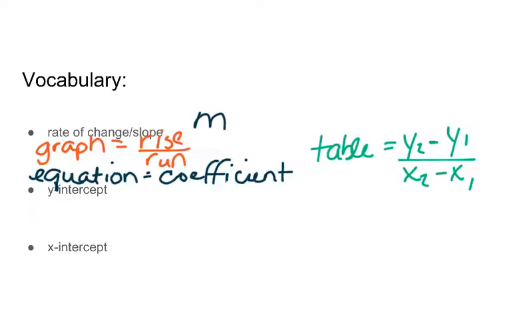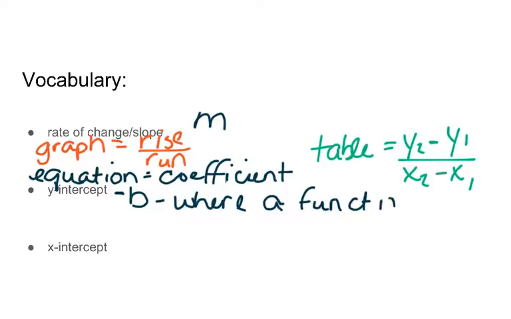This is another component that we might use to compare two functions to each other. It's the y-intercept. Y-intercept is indicated by the letter B, and it is where a function crosses the y-axis.